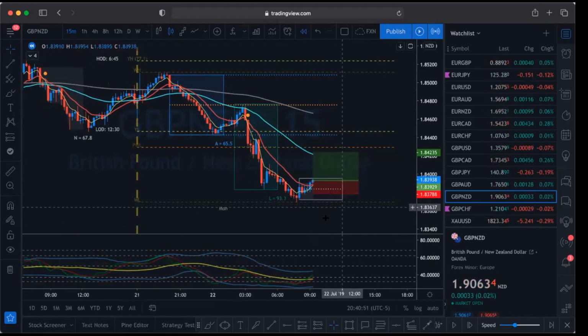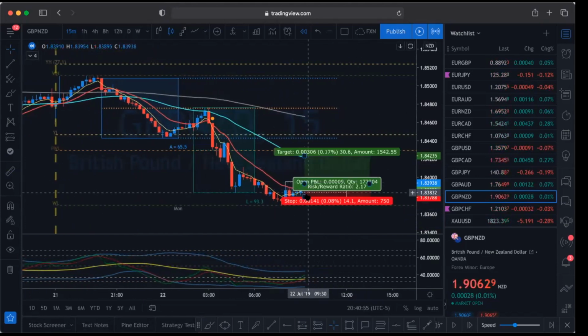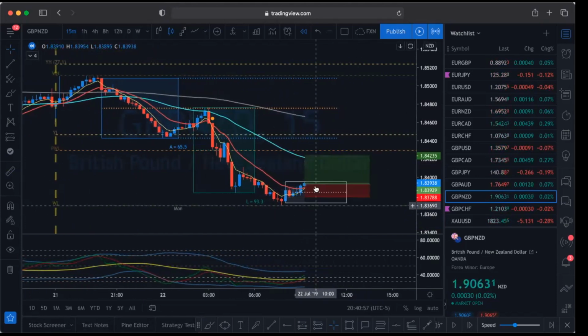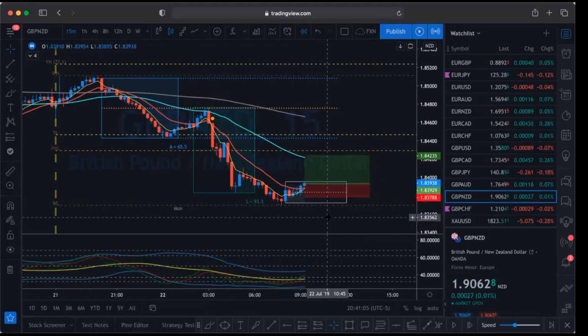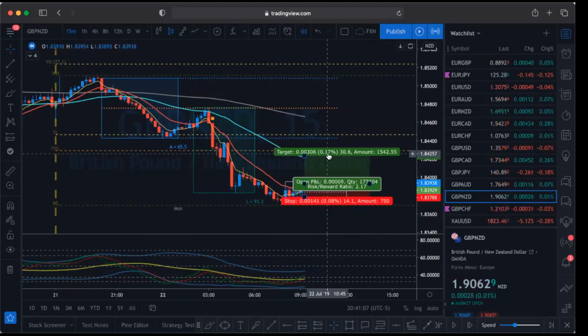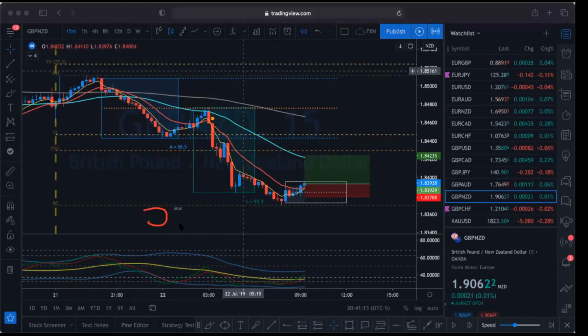We'll go through all this in, I think, week 3 on entries and exits, but there's going to be a certain amount of pips that you don't want to go over. Right here we're at about 14, 15 pips, which is not bad. It gives you a 2-to-1 on a pound NZD pair, where typically you would actually want to have about 20 to 25 pips as a stop loss, because the pip value is actually high on this.